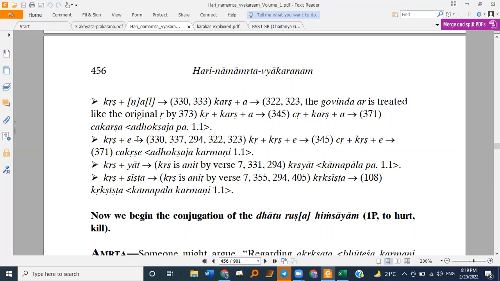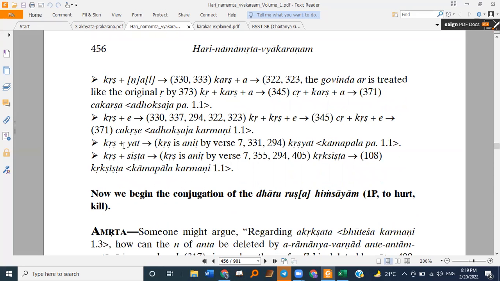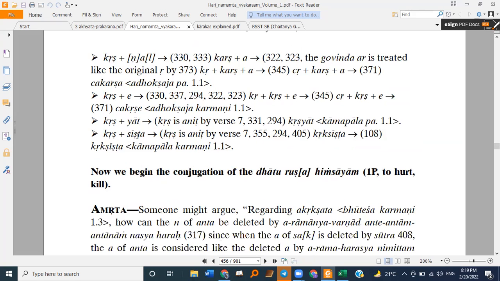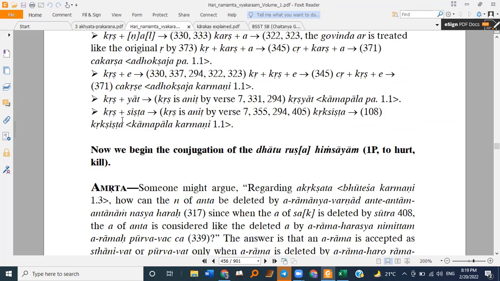Then krish yukta a. Atmapada Chakrashi. No Govinda because the pratyaya is Kapila, Asanyoga Daliga Dhokshara Kapila. And Krishyuktayat, again Kampal Parapadam Kapila, and Krish is Anit. So Krishyat, nothing else. Krish Yukta Sishta, Anit Dhatu.